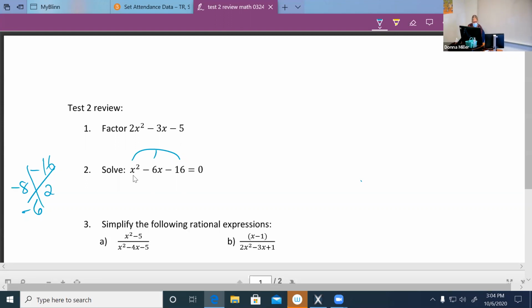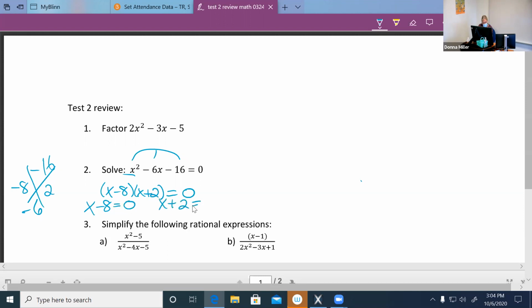All right. So because the leading term is just x squared, it's x minus 8, x plus 2. And then just set each factor to 0. So if x minus 8 equals 0 or x plus 2 equals 0, you're going to move the 8 over, it becomes positive. Move the 2 over, it becomes negative, right? Is that all right? You should be able to do that.